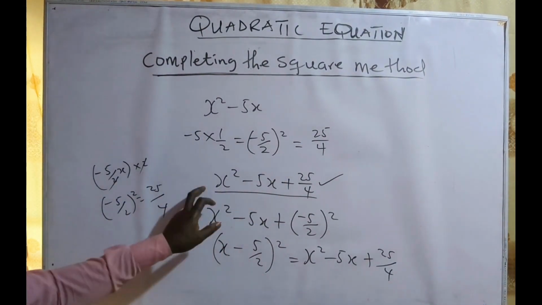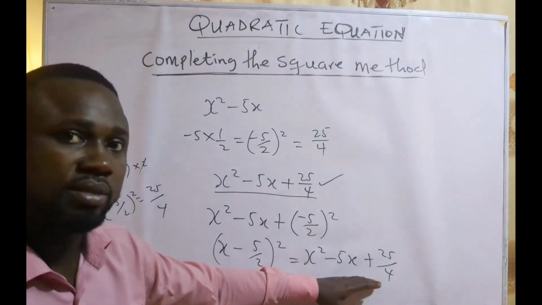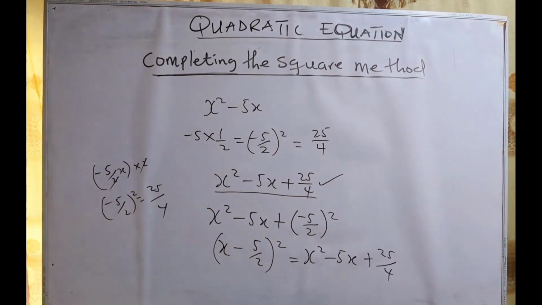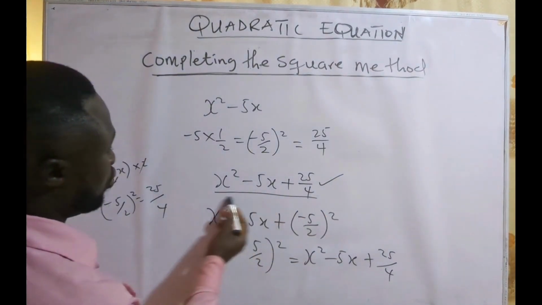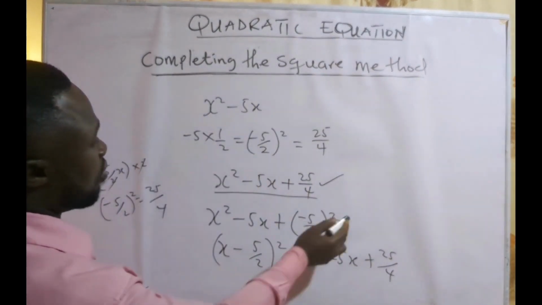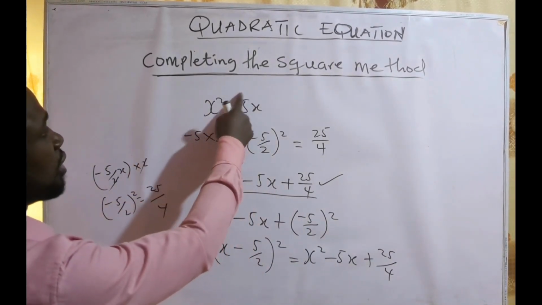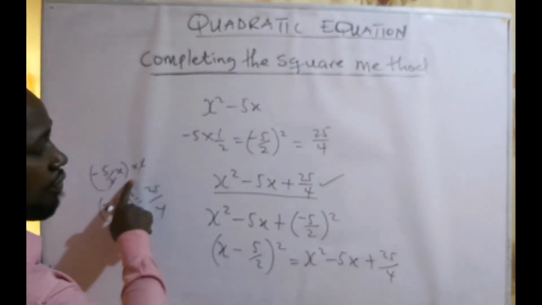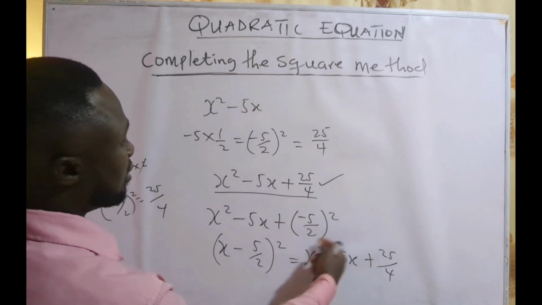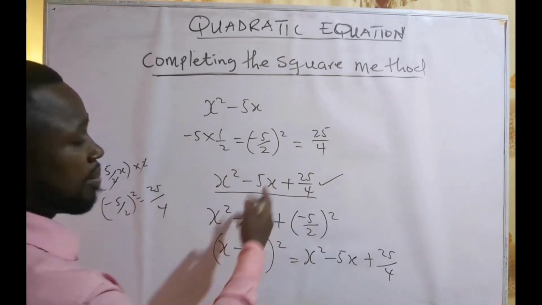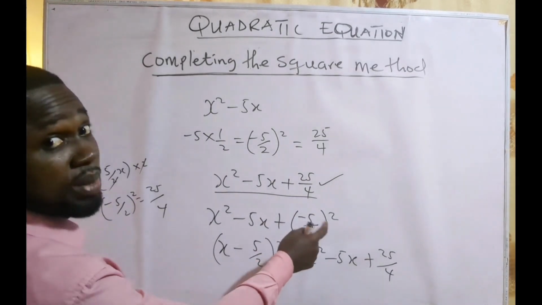So you see that I'm getting the same result, that the expansion of this perfect square is giving me this. So whenever you complete the square, after you have taken the coefficient of the x and multiplied by half and squared it, whatever you have to become a perfect square is x plus or minus the particular value here.